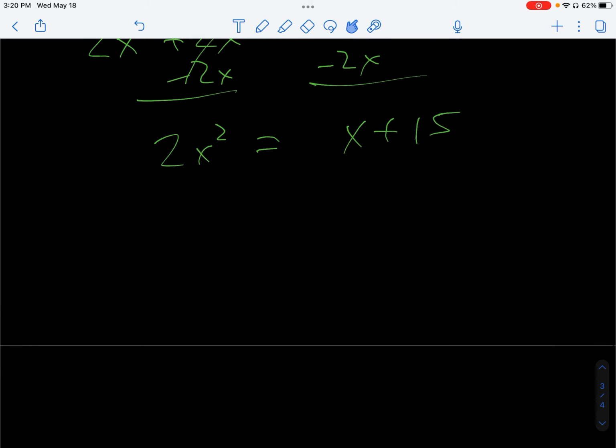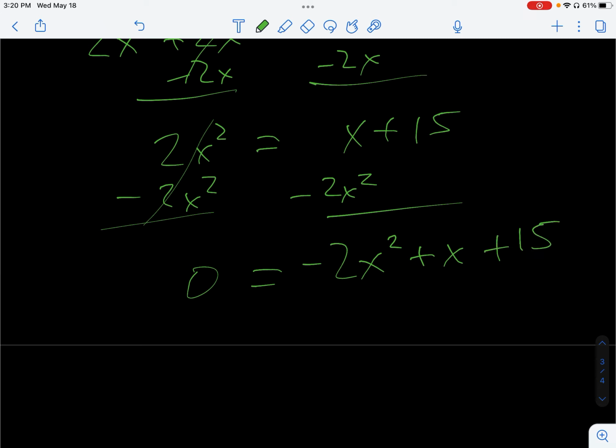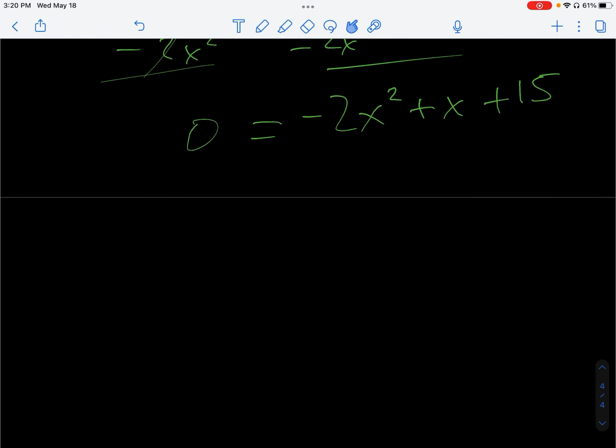Now I recognize here we're going to have to factor. And when we factor, we need to set the entire formula to 0. So we're going to subtract 2x squared from both sides. We're going to have 0 equals negative 2x squared plus x plus 15. Now we have some heavy-duty factoring to do.